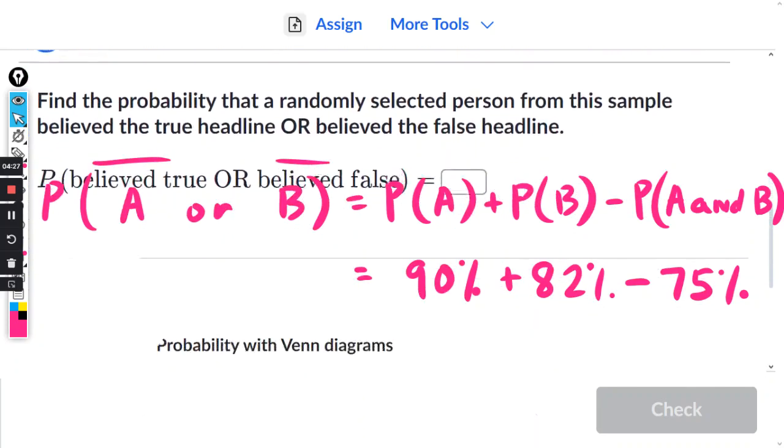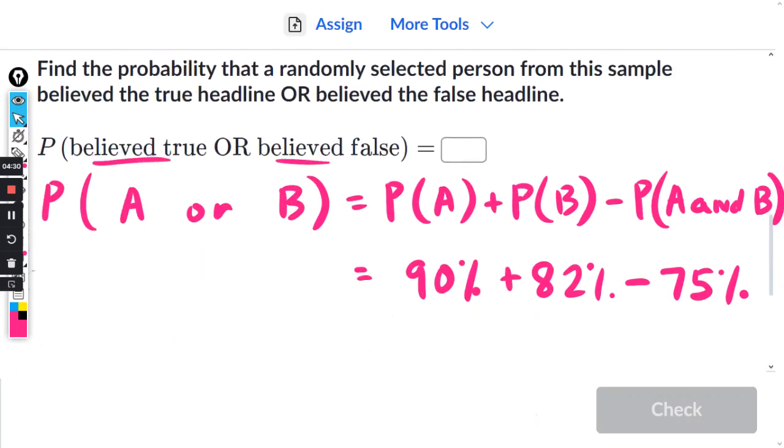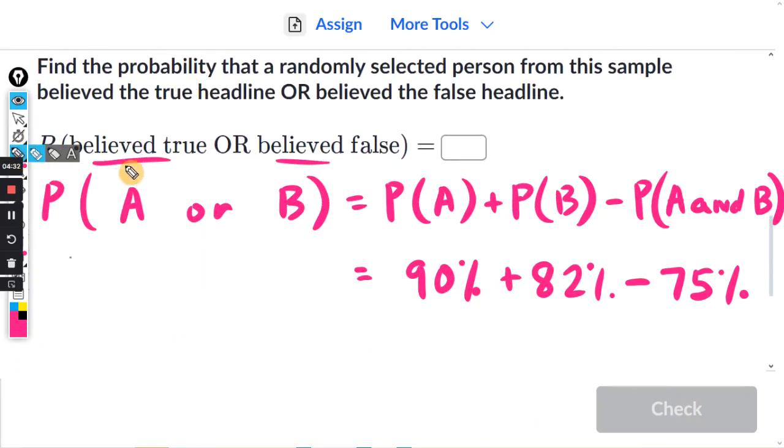All right, so in case you missed it, what I did was I made the believed true part event A. And the believed false part, I made that event B. And then I just used the formula. 90 plus 82 minus 75 is going to equal 97.